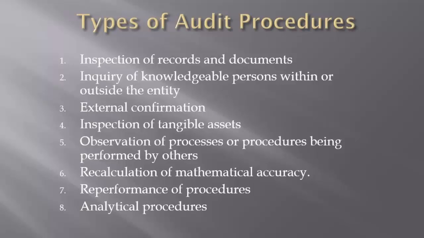So we'll actually talk about things such as confirming accounts receivable balances, getting confirmations from lawyers, getting confirmations from banks. Inspection of tangible assets, so we actually see the asset there, we touch it. That's a good documentation procedure to validate that in fact the item actually exists.